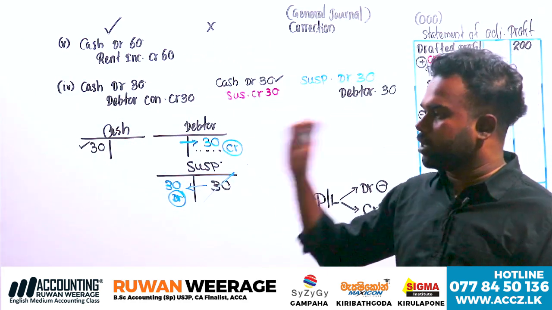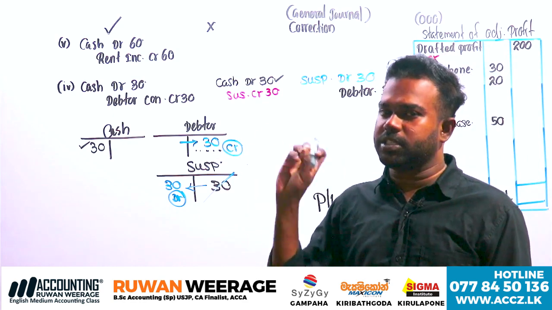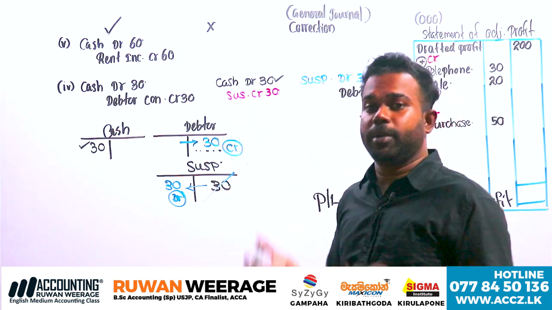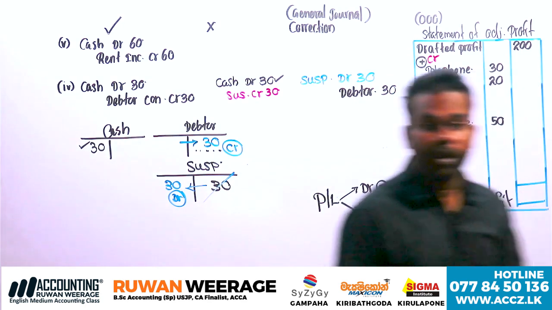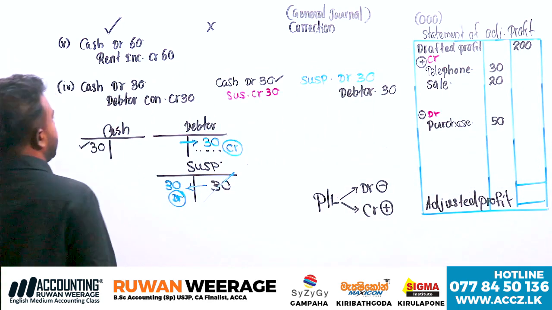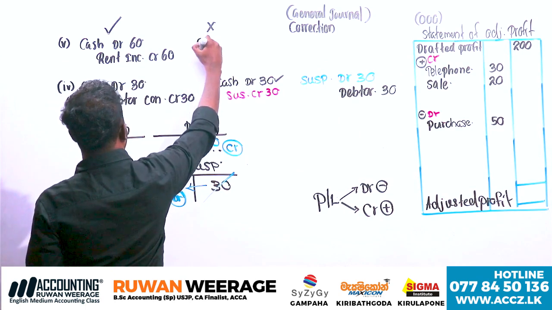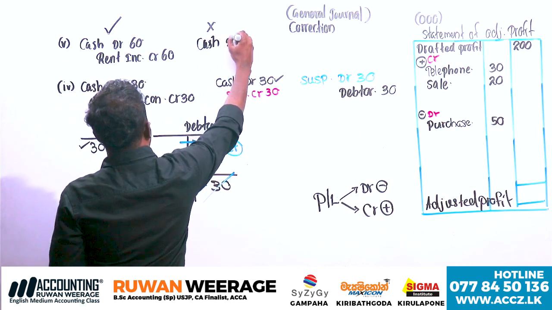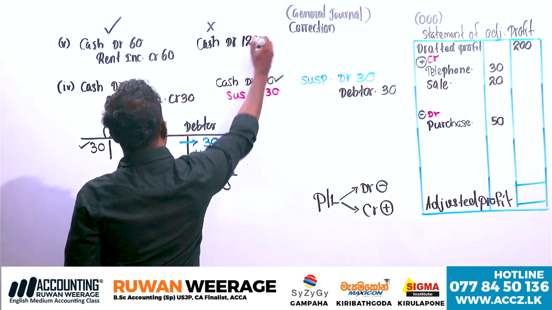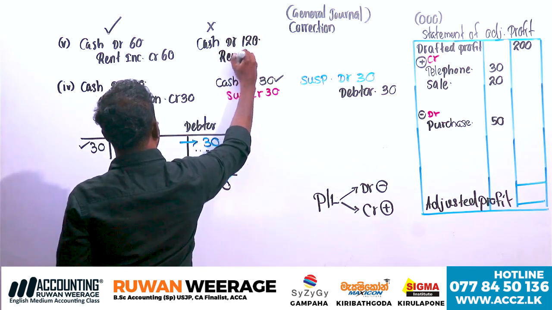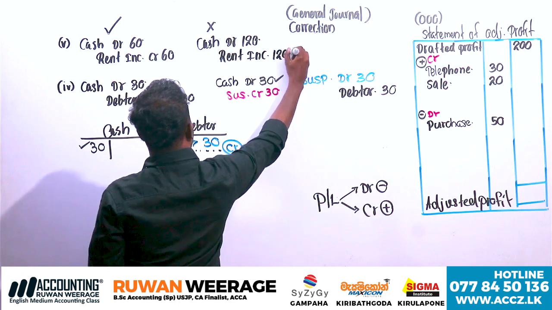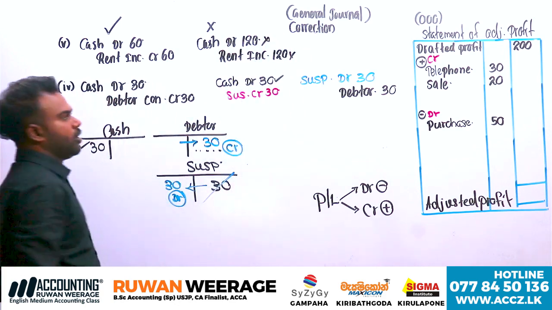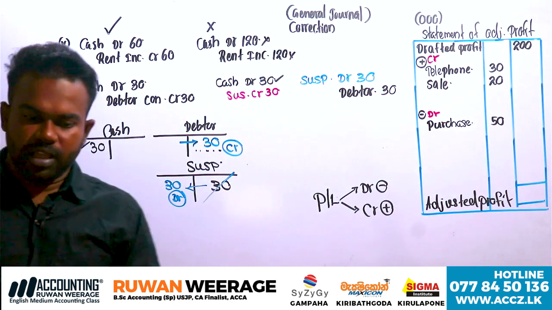Therefore, it was twice recorded, double recorded in the journal. Therefore, the total will be double, and the double entry will also increase, double. Therefore, recorded here as 120. Rent income also double recorded, 120. Incorrect. Therefore, what's the correction entry?